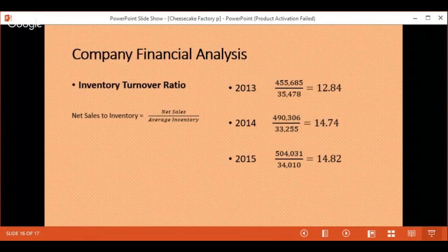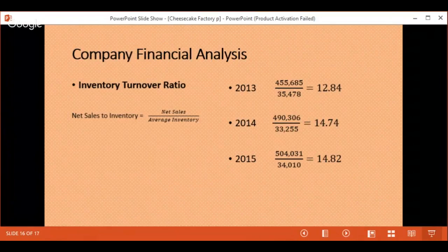Lastly, the inventory turnover ratio. This indicates the number of times the average inventory value passes through the operations of the company. To use the net sales to inventory, we divide the net sales by the average inventory. In 2013, the ratio was 12.84. In 2014, it increased to 14.74, and it slightly increased again in 2015 to 14.82.